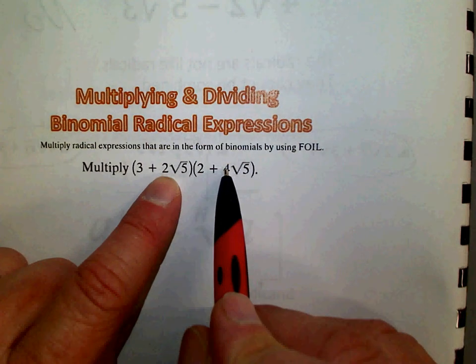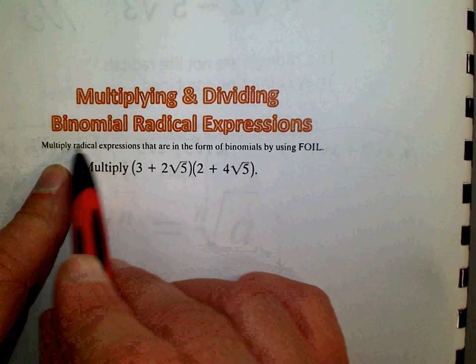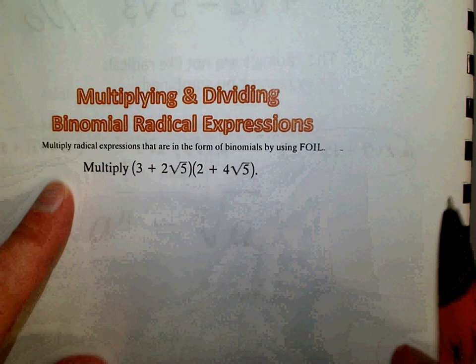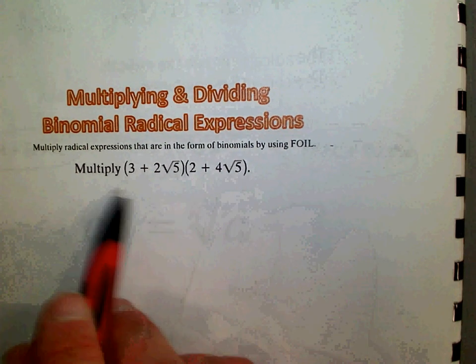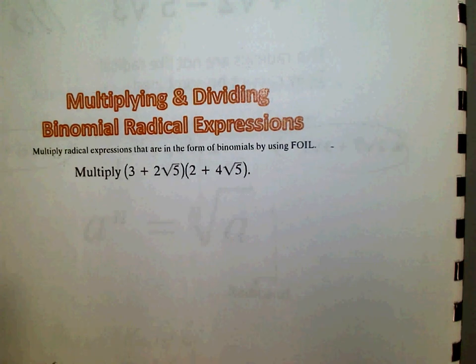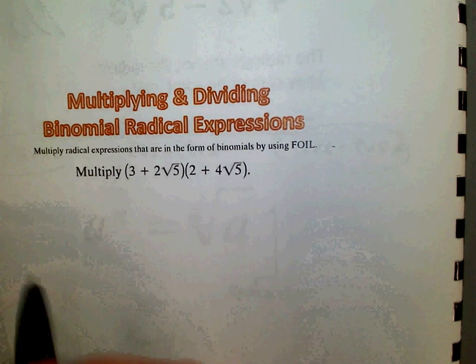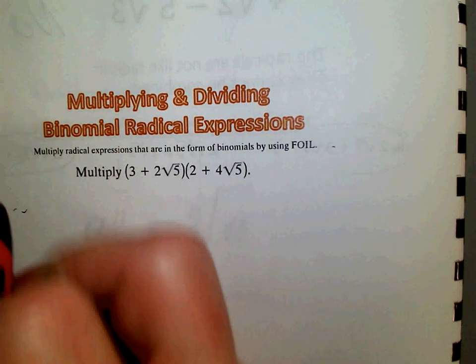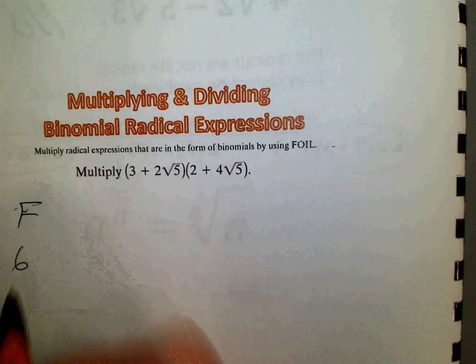On the multiplying part, we multiply radical expressions that are in the form of binomials using FOIL, like we said before. So let's FOIL this out. Let's see what this example would go to. Somebody tell me what F would give you. 6. Thank you for playing along.